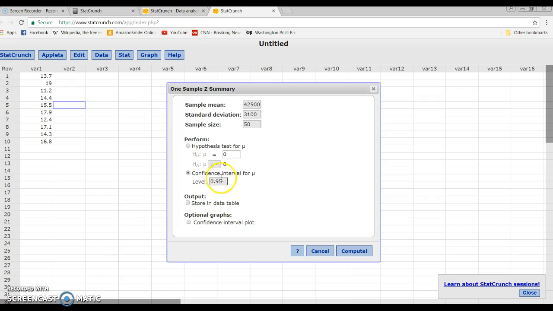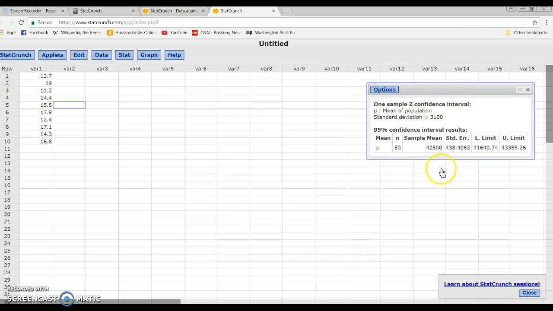So 95% confidence interval, click compute, and that's our output. I'm going to ask you when you do your homework to copy this and paste it to show me your output.